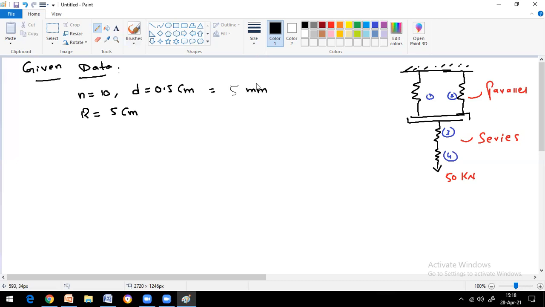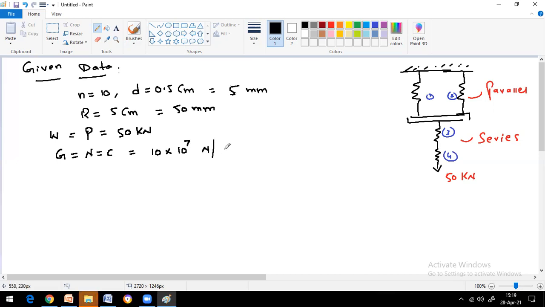The load which is acting is 50 kilonewton. You can consider either it is W or P. And the modulus of rigidity, G or N or C, is given as 10 into 10 power 7 Newton per centimeter square. So let's do this.